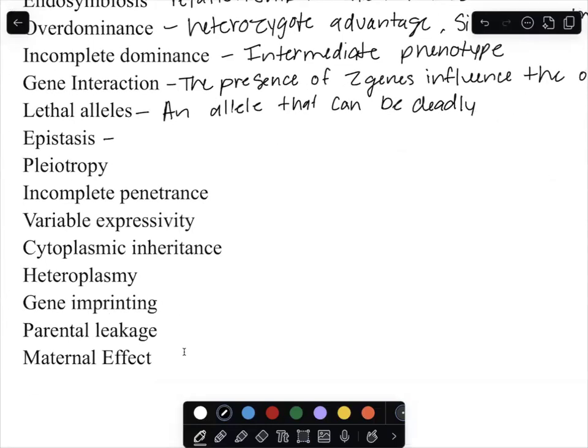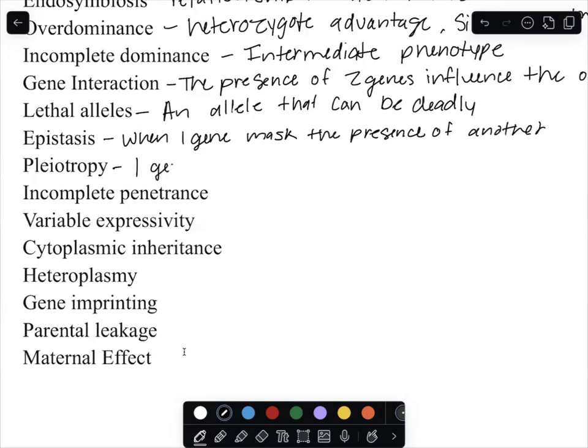Epistasis is when one gene masks the presence of another. Pleiotropy is when one gene has multiple effects.